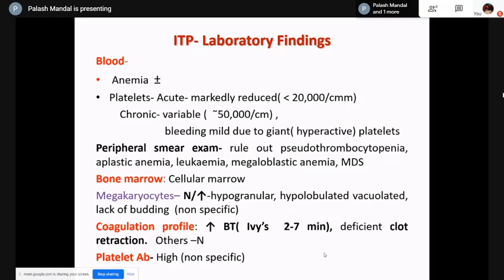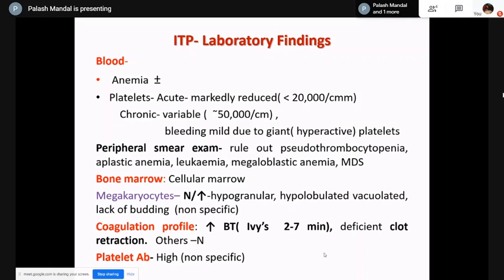Coming to the first thing, it is the anemia. Presence of anemia is seen by the lowering of the hemoglobin content and the RBC count. That is seen definitely because of the persistent bleeding activity. Then the platelets: whenever we see the peripheral blood or the blood count, the total count of platelets will be reduced, because that is the key finding.